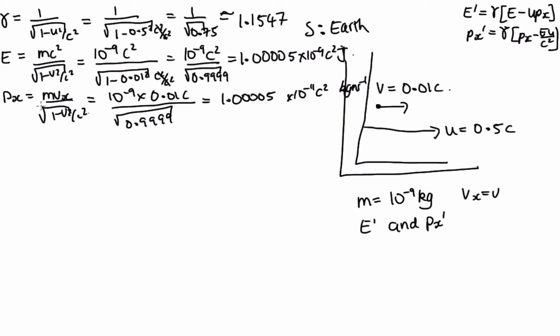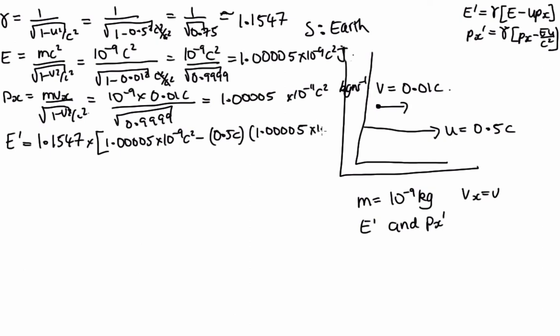Okay, so now we've calculated everything, so we can just combine it. E prime is going to be equal to gamma, so that's 1.1547, times E, which is 1.00005 times 10 to the minus 9 c squared, minus u, which is 0.5c, times Px, which is 1.00005 times 10 to the minus 11.